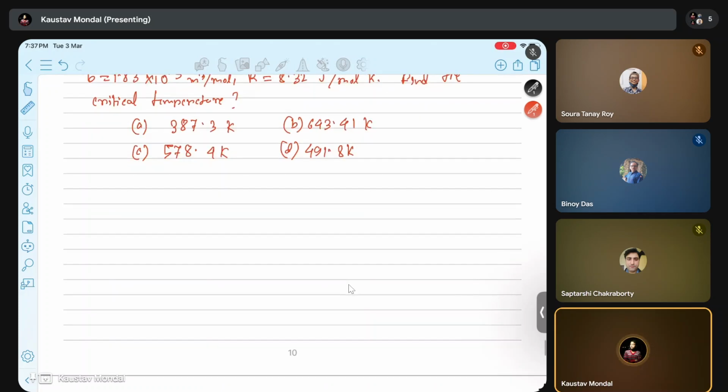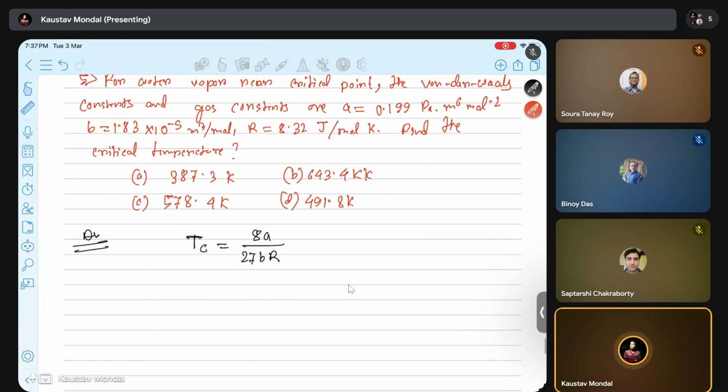Okay, so the expression of the critical temperature you already knew: Tc is equal to 8a divided by 27Rb. Now a is given as 0.199, b is given as 1.83, and R is already there.